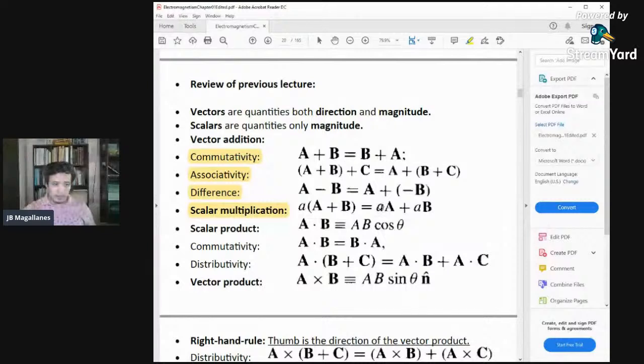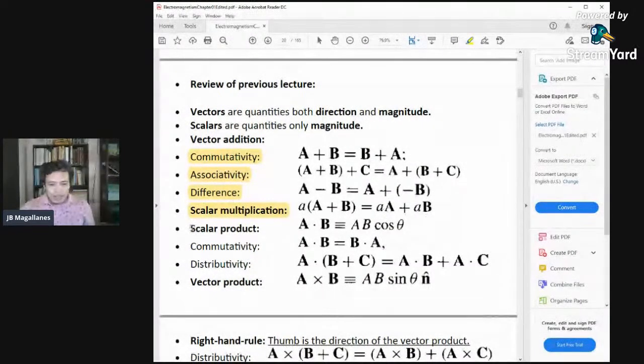If you multiply the vector with a scalar that is greater than 1, the magnitude will increase depending on the a. But if it's less than 1, the magnitude of the original vector will decrease. But if a is also negative, the direction will also be the opposite of the original.